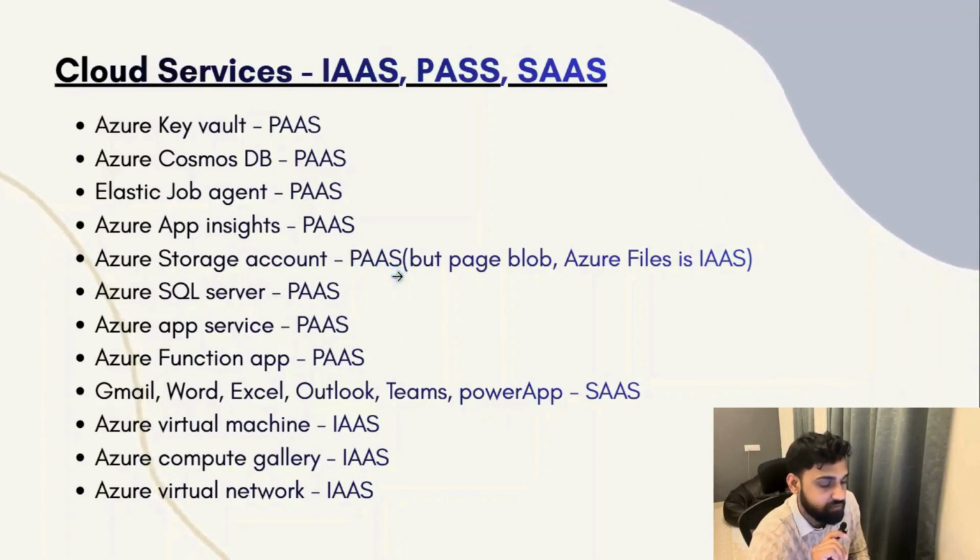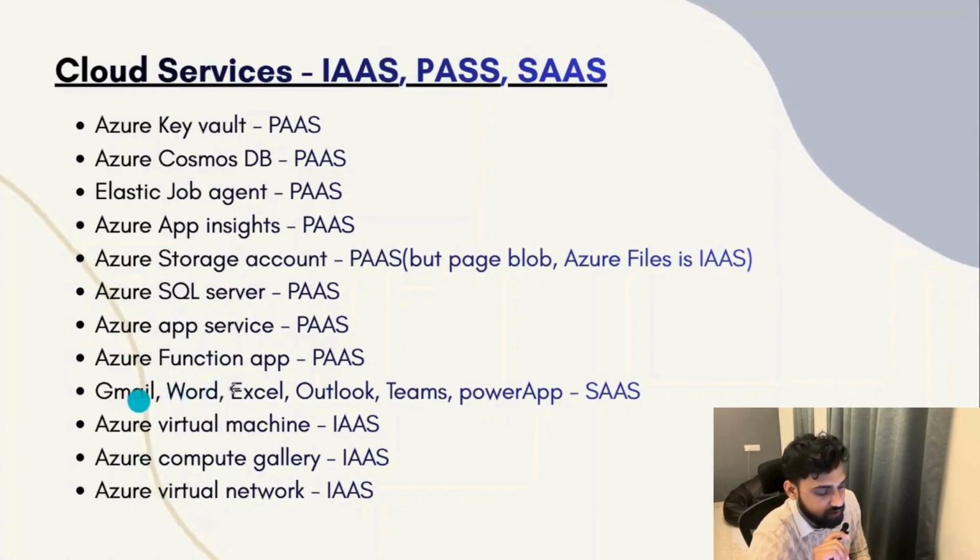But sometimes if they mention page blob or Azure files, that means it will come under infrastructure as a service. So you have to remember these two. We will explore what an Azure storage account is in upcoming videos, then we will see what page blob and Azure files are. Also, all these services, Cosmos DB, job agents, application insights, SQL server, app services, function app, we are going to see in upcoming videos.